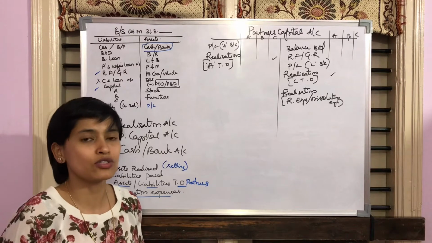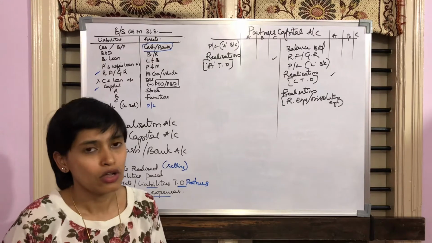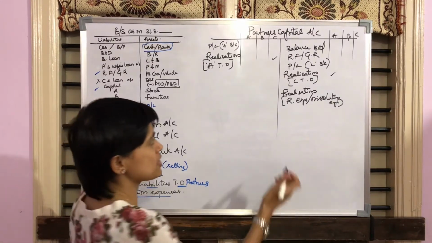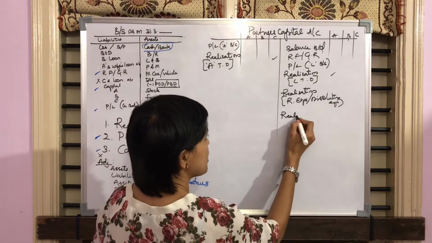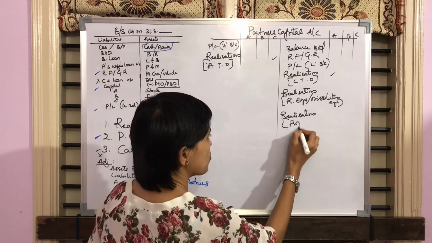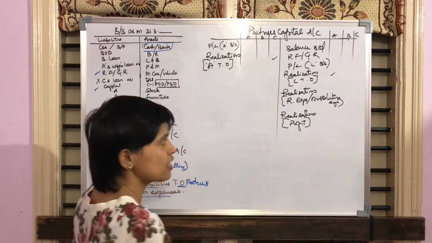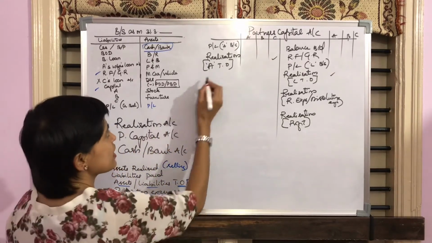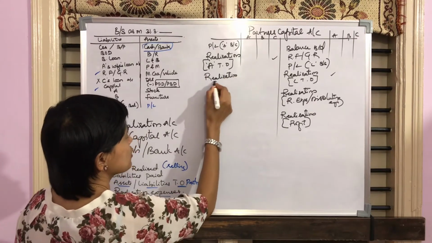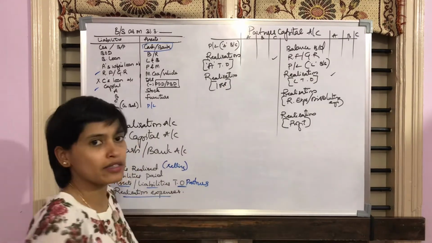The last one is realization profit or loss, which will reflect again in your partner's capital account. If there is any profit, write it as realization account in bracket profit, which you have already calculated in the realization account, so directly write the amount. If there is any realization loss, write it as realization loss, which you have already calculated, directly in the partner's capital.